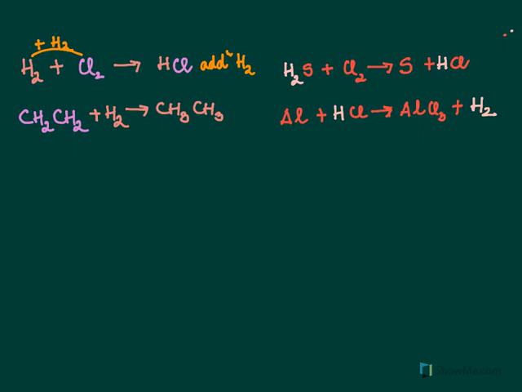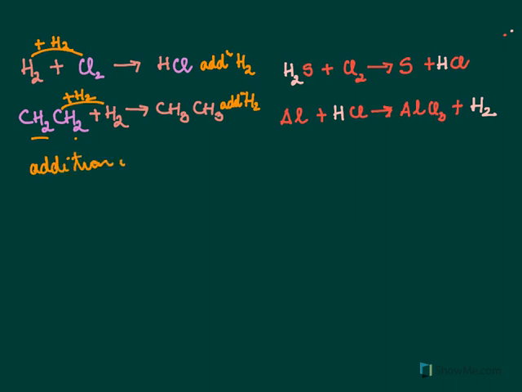It's called ethene. And this ethene is adding on to hydrogen to give you ethane. The number of hydrogens increases. Here also there is an addition of hydrogen. Now addition of hydrogen is also called reduction.